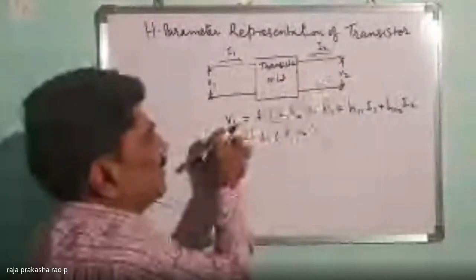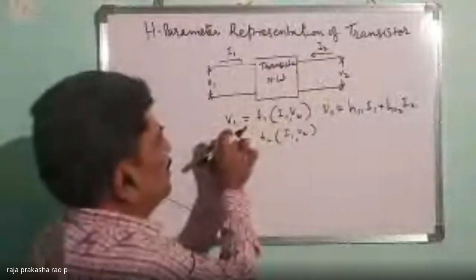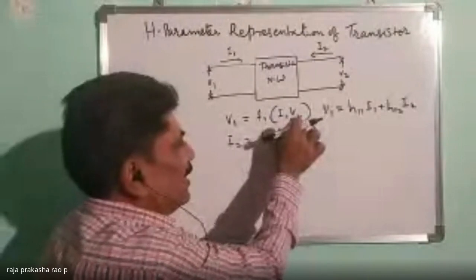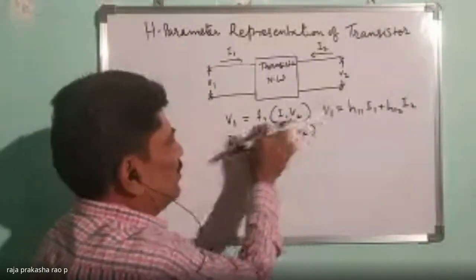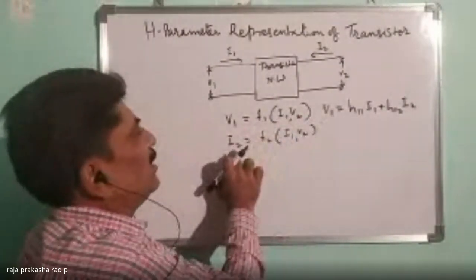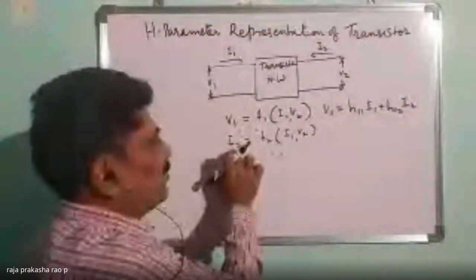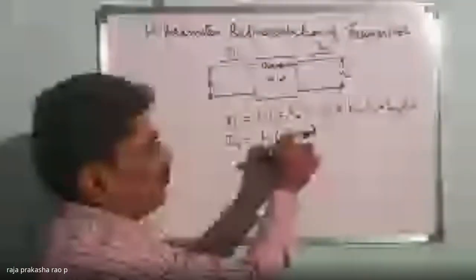Here is a relation between V1, I1 and V2. I1 and V2 are the independent variables, and V1 and I2 are the dependent variables, so V1 and I2 depend on V2.